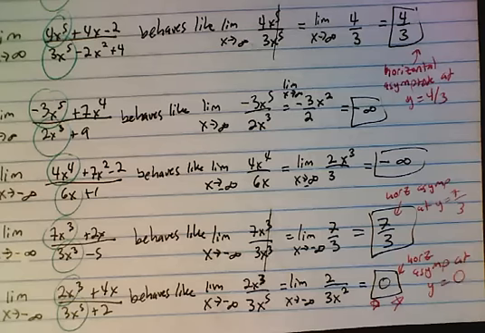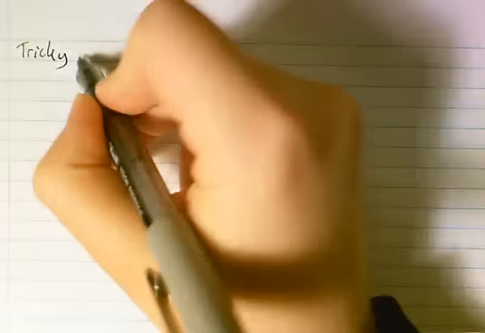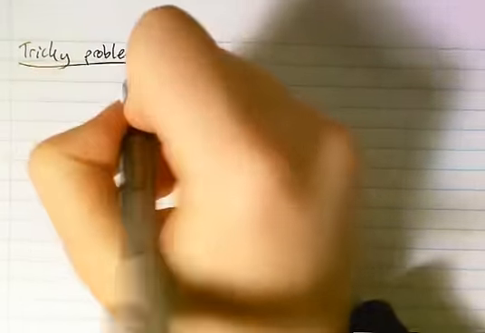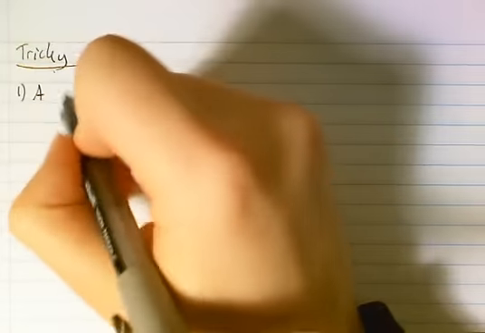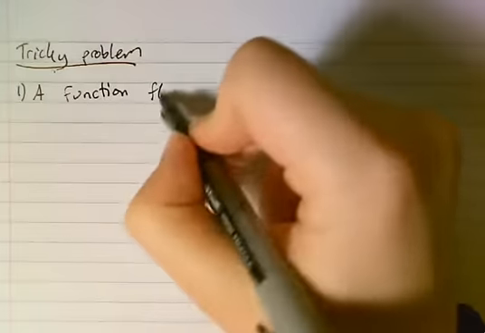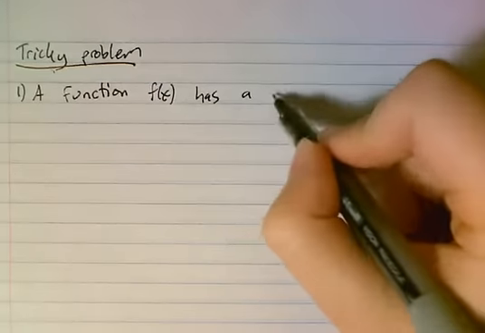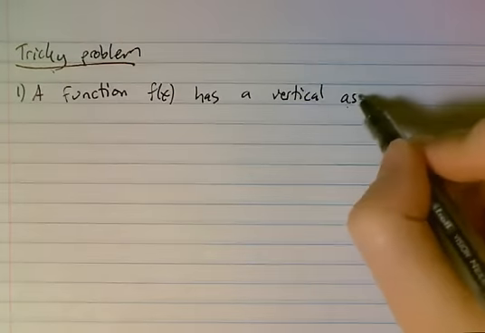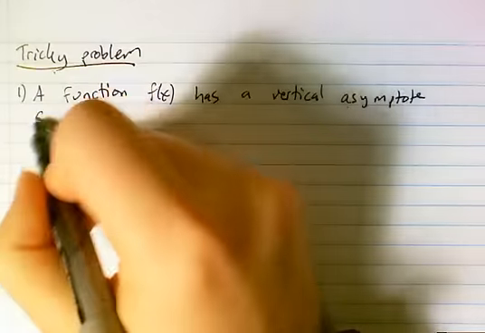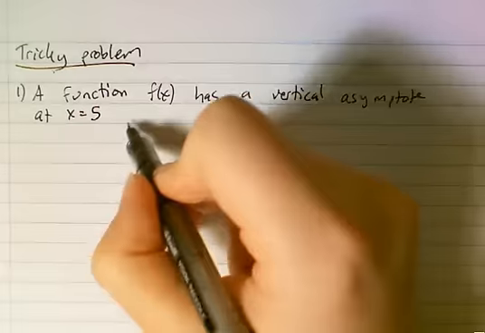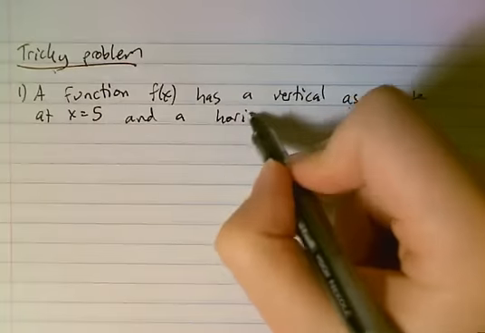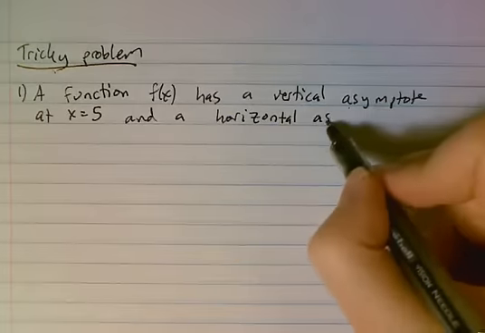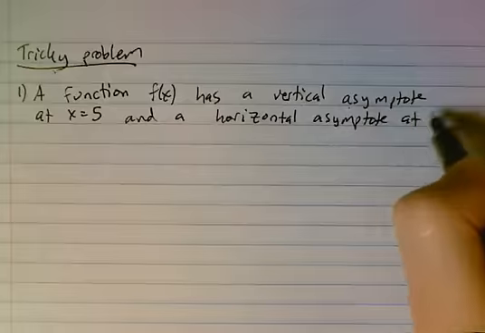Okay, there's one final problem type that I want to show you, and then we're done. These are tricky problems. A function f of x has a vertical asymptote at x equals 5 and a horizontal asymptote at y equals 4.